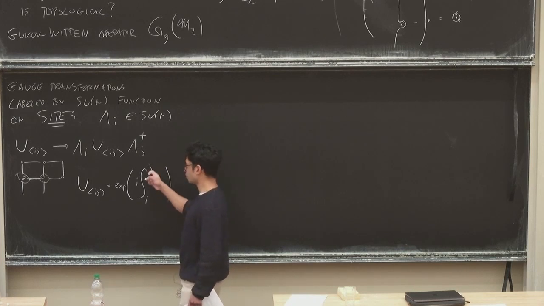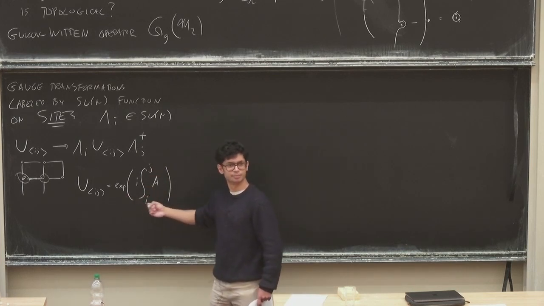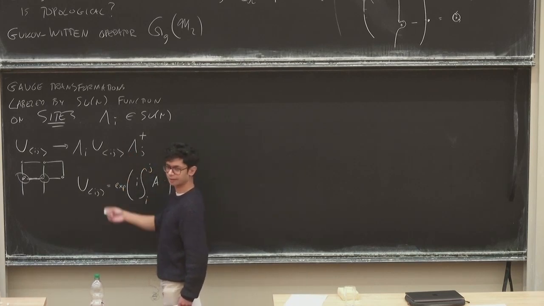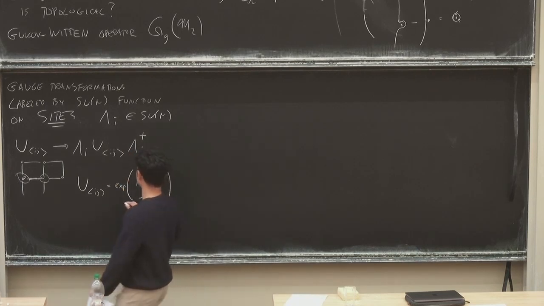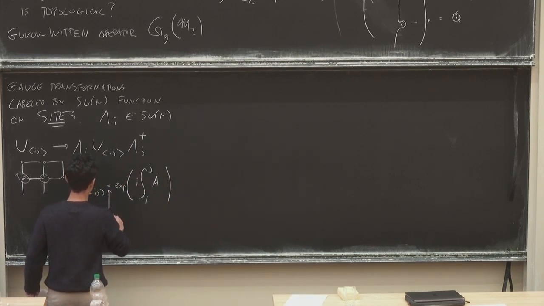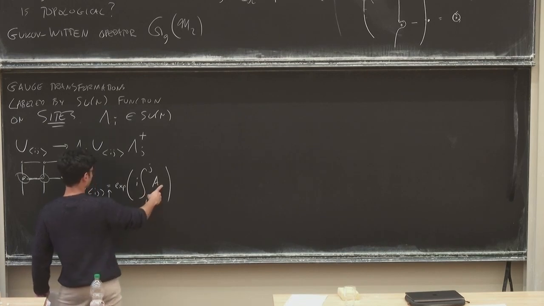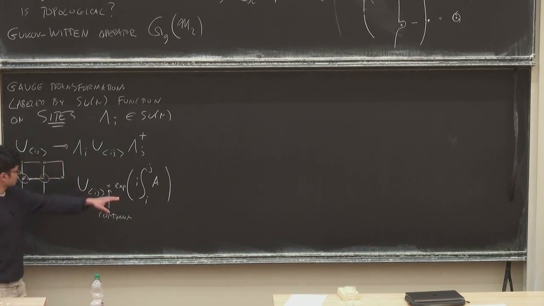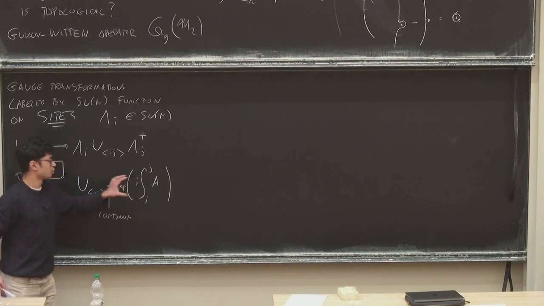This is, morally speaking, what this thing is. Does that make sense to everybody? That's why it transforms like this. But I stress, this is to make the connection to the continuum. Here, A is the continuum gauge field. We're not going to use A. We work with U.